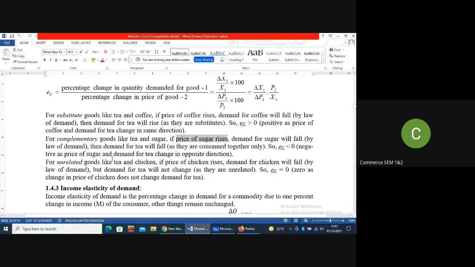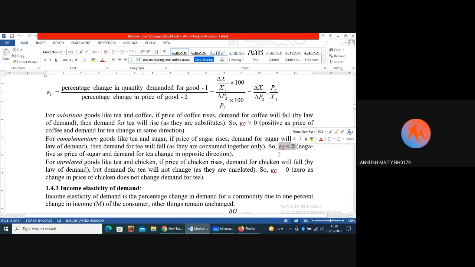So when demand for sugar decreases, demand for tea will also fall. So the denominator, the increase in price of sugar, is positive, but demand for tea decreases, so the numerator will be negative. So the sign of EC will be negative. Fine.